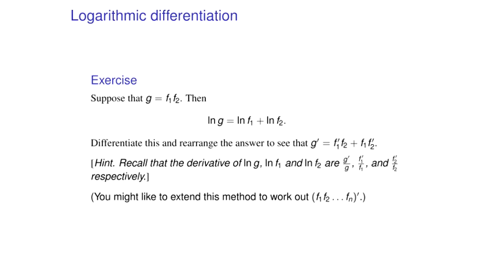Taking logarithms gives another way of proving the product law. So suppose that g is f1 times f2. Then log of g is the log of f1 plus the log of f2.